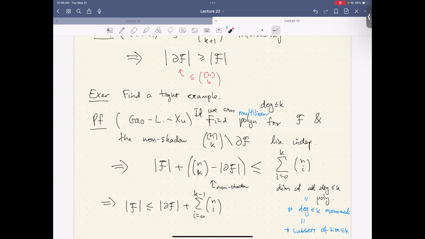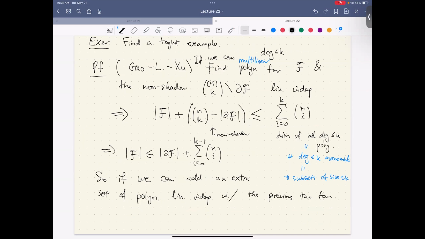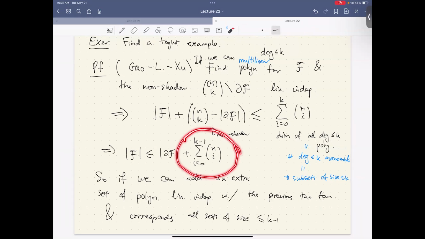Does it make sense? So if we can add an extra set of polynomials, linearly independent with the previous two families and corresponding to all sets of size at most k minus 1, so the number of them will be this many, we will be done.